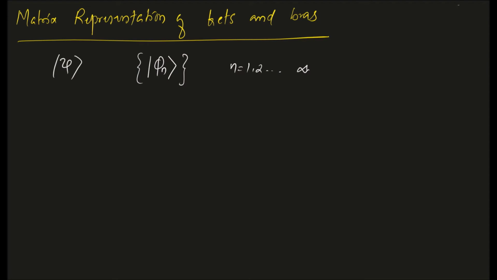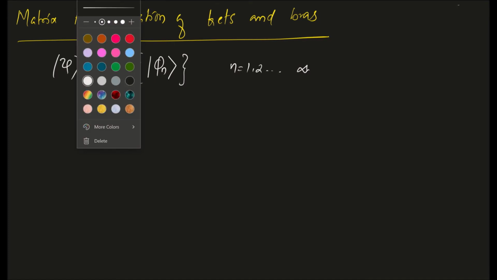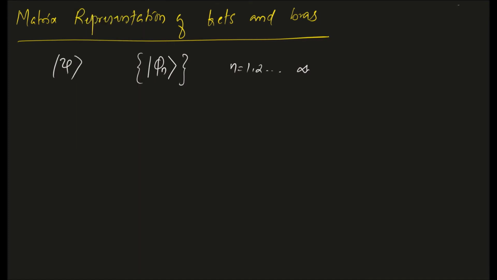Now we use the completeness property of this basis to expand the state vector. Any state vector can be expanded like this: you multiply it with the unit operator, and the unit operator acting on this ket leaves the ket unchanged.